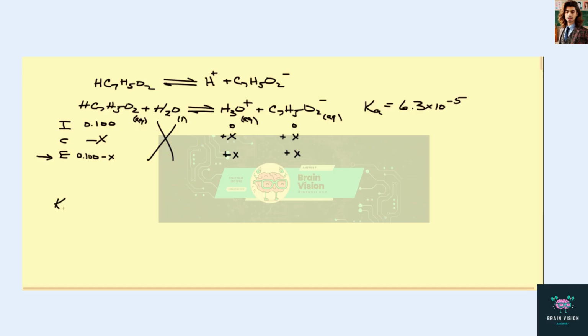So if you come up with the law of mass action expression, the equilibrium expression, you put the products in the numerator, raised to the power of their coefficient, these are both 1, divided by the reactants.